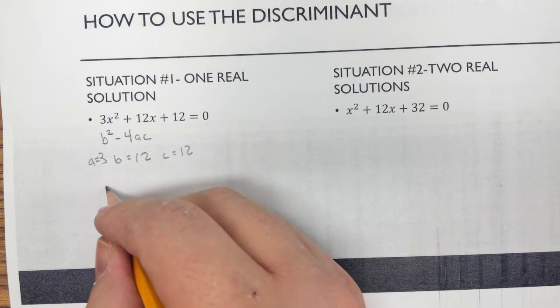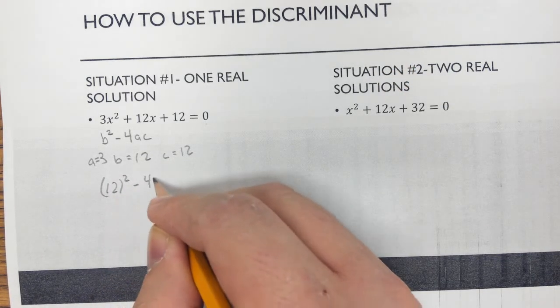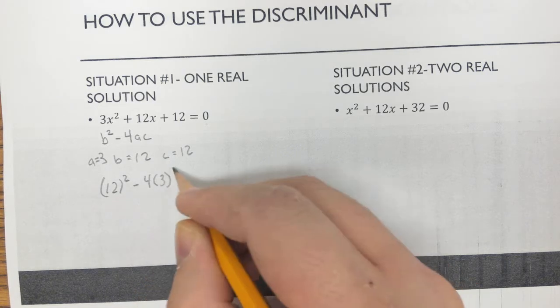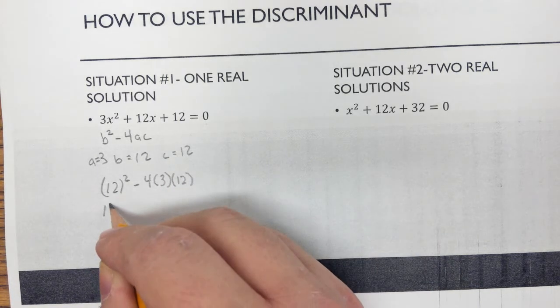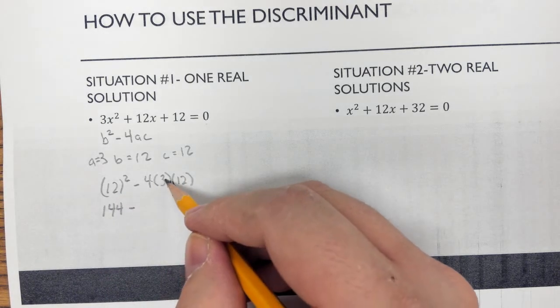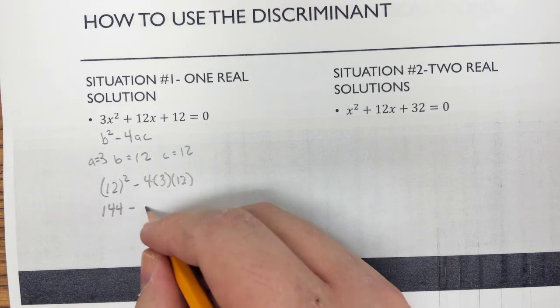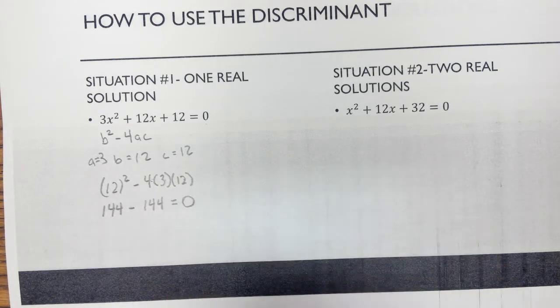So I'm going to do 12 squared minus 4 times 3 times 12. 12 squared is 144, minus 4 times 3 is 12, 12 times 12 is 144, and we get 0.